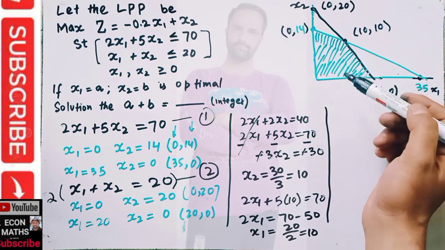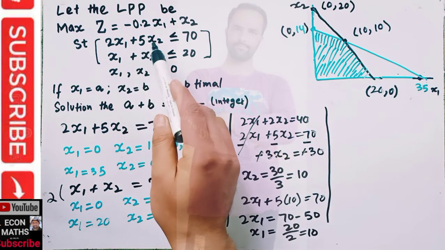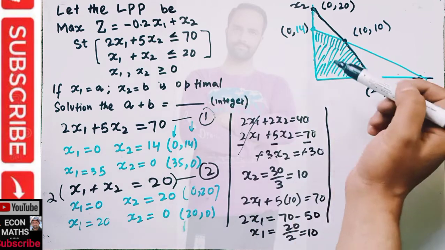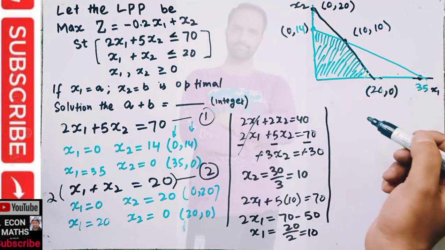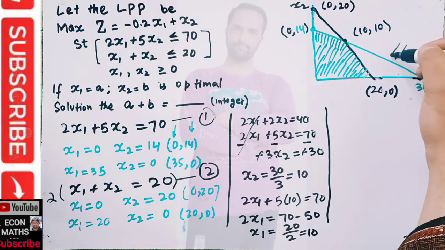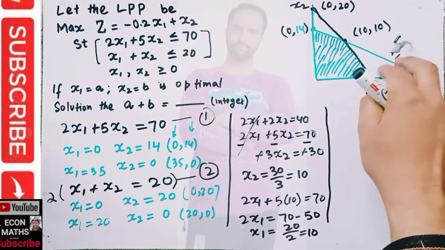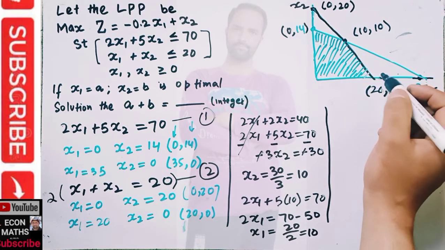Since we have 2x1 plus 5x2 less than or equal to 70, this will lie inside this box here. If it was greater than 70, then our feasible region would have been upwards. So this is our feasible region.